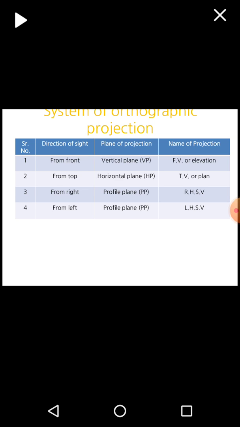The projection we take on the profile plane can be called a left hand side view or right hand side view. If we are looking from the left side and taking the projection on the profile plane, that projection is the left hand side view. And if we are looking from the right side and taking the projection on the profile plane, that projection is a right hand side view.